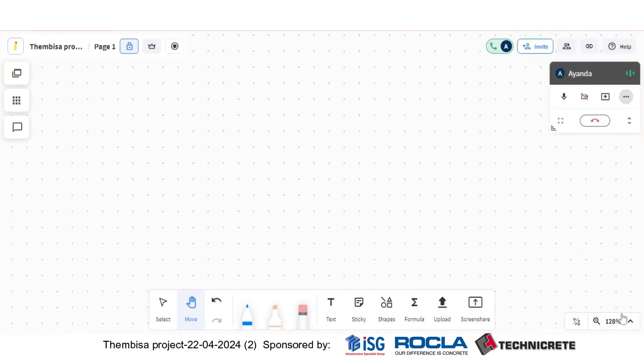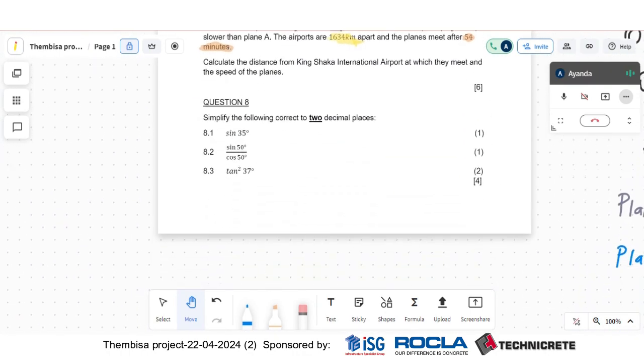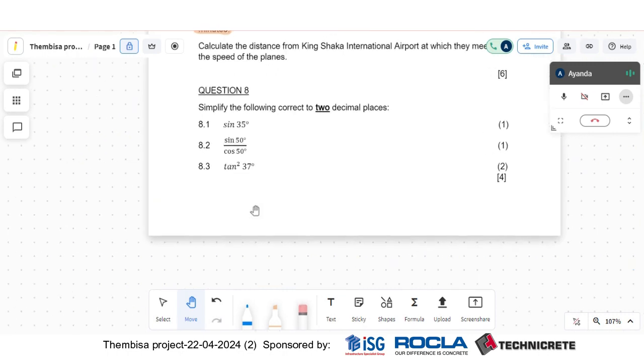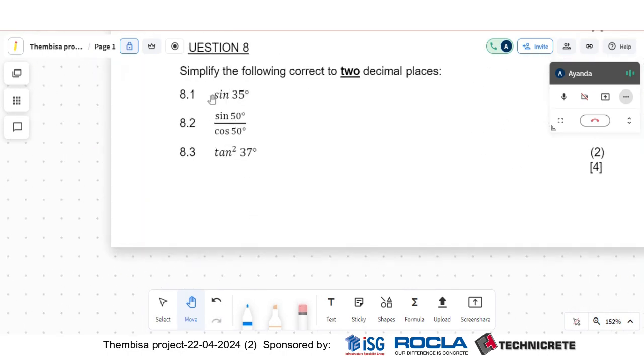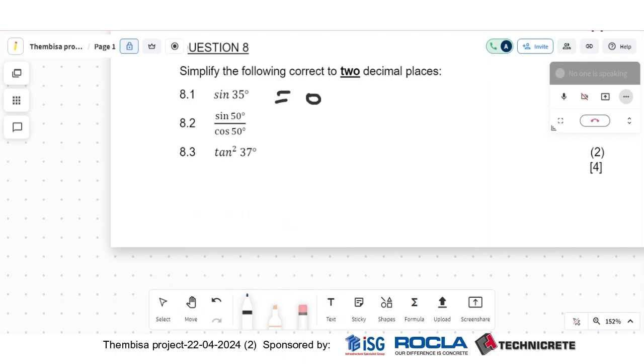Now for the last part of the video, we're going to do some trigonometry. Simplify the following to 2 decimal places. Here we can just plug these numbers into our calculators, and sine of 35 gives us 0.57. Remember, to 2 decimal places.